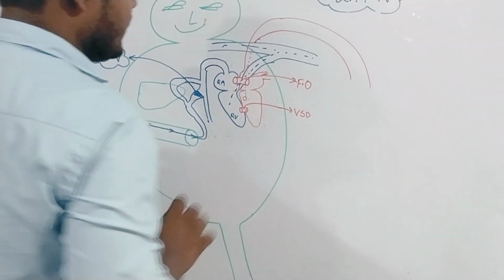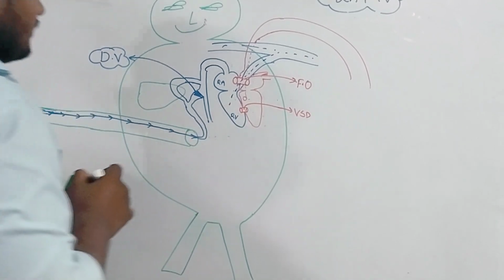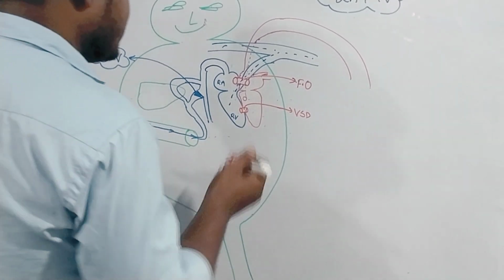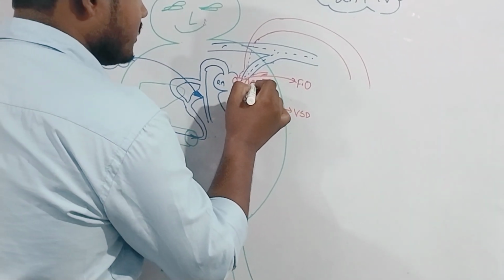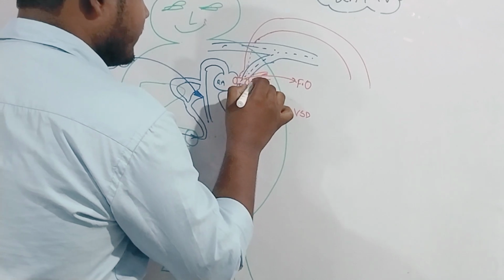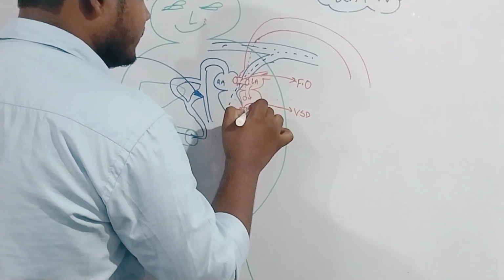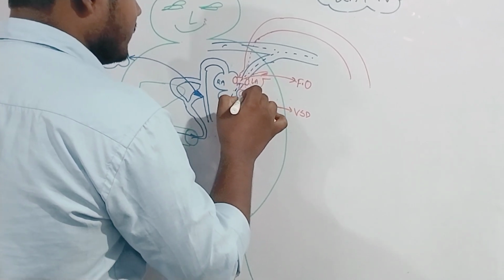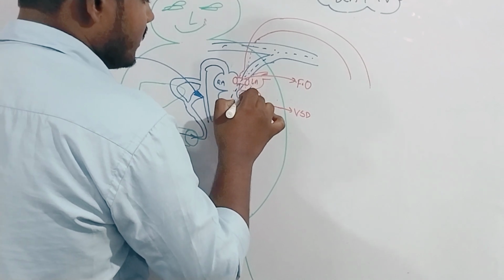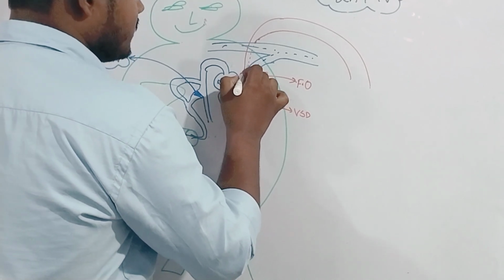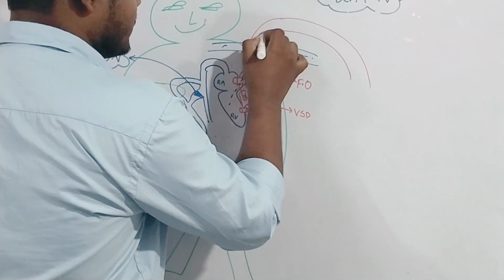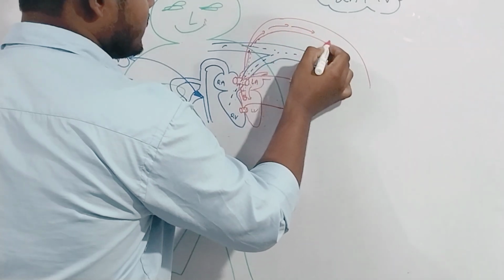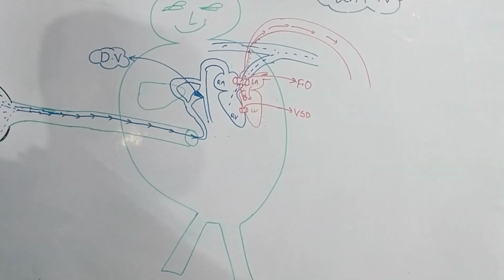The blood present comes under the left atrium. From the left atrium the blood enters the left ventricle, and from the left ventricle the blood comes into the aorta.